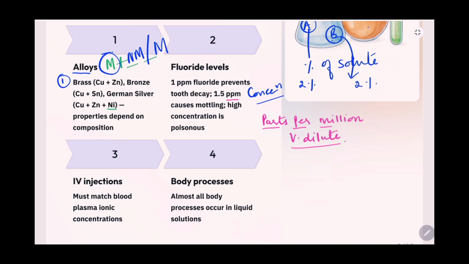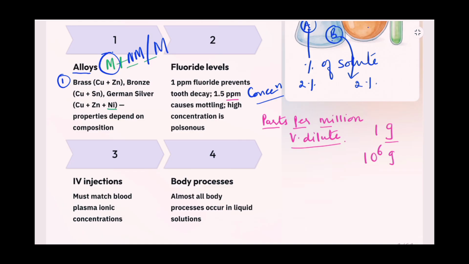If I say that the fluoride content in toothpaste is 1 part per million, it means that there will be, let's say, 1 gram of fluoride in 10 raised to 6 grams of the toothpaste. So in this manner you are going to understand how this chapter teaches us to express the concentration, that is, the amount of solute in different types of solutions.